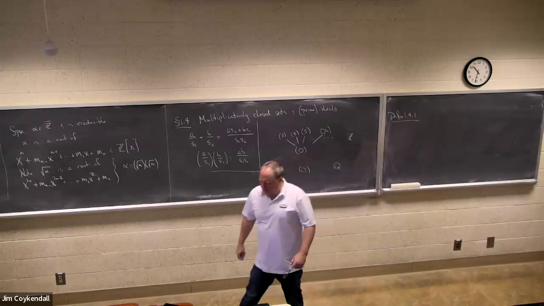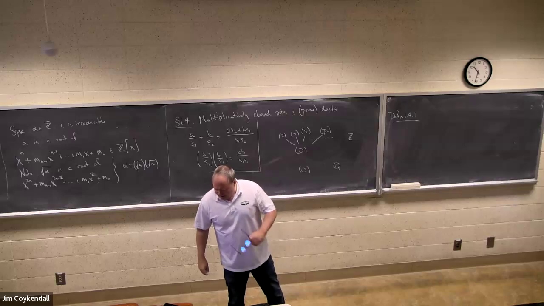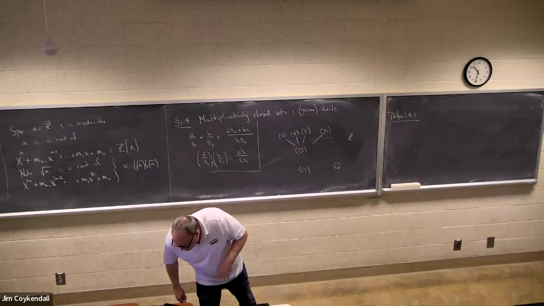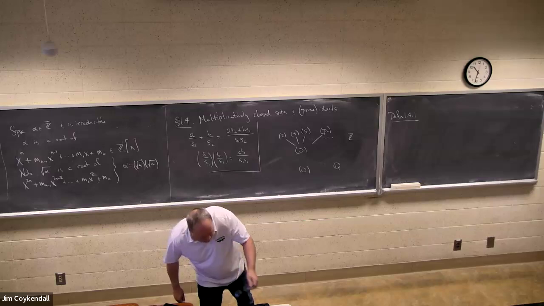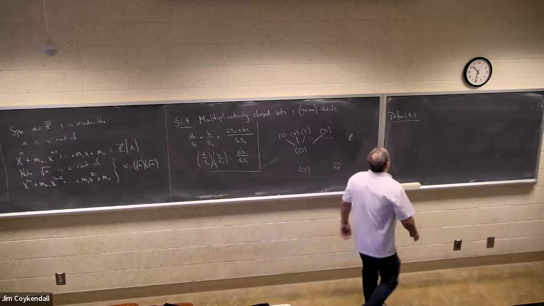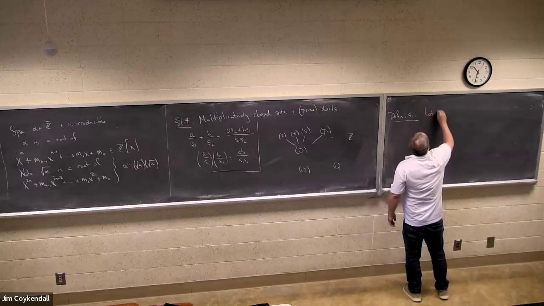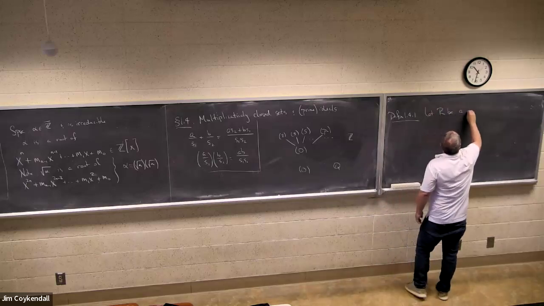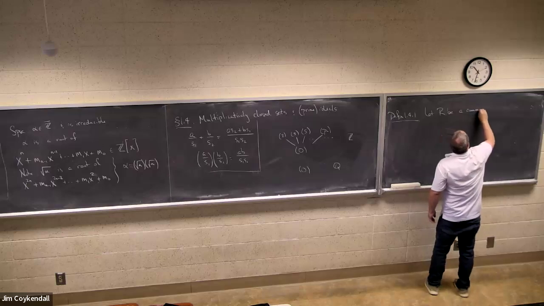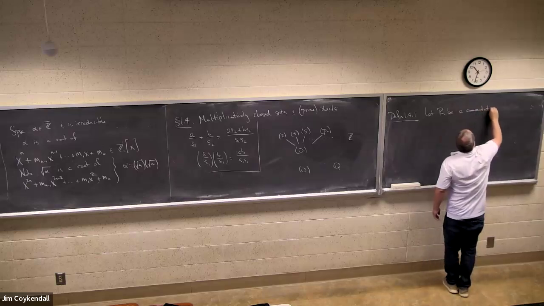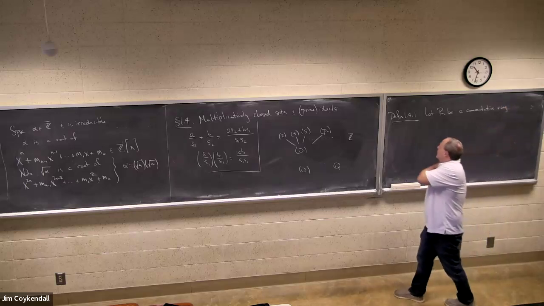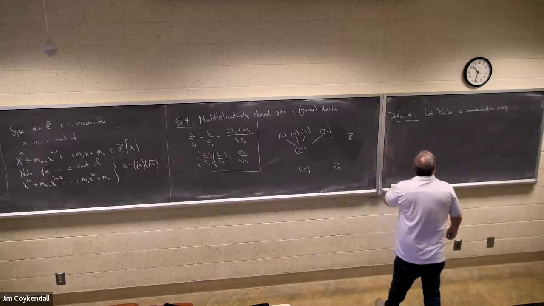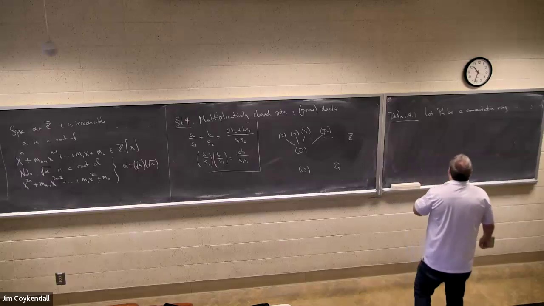So let's suppose that R be a commutative ring, not even really with identity, with this definition.